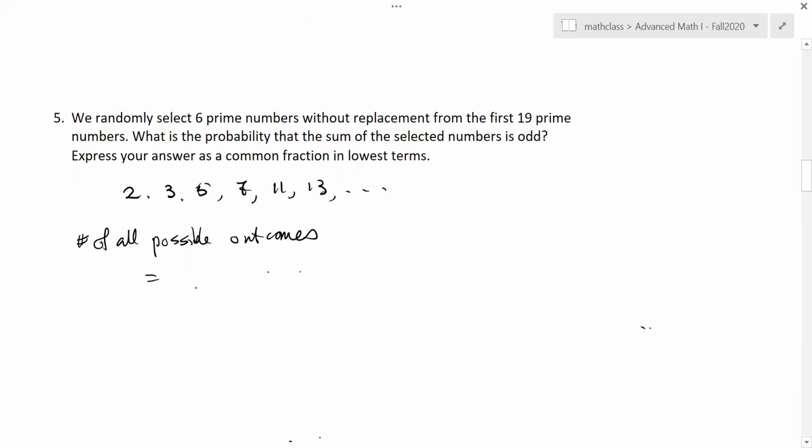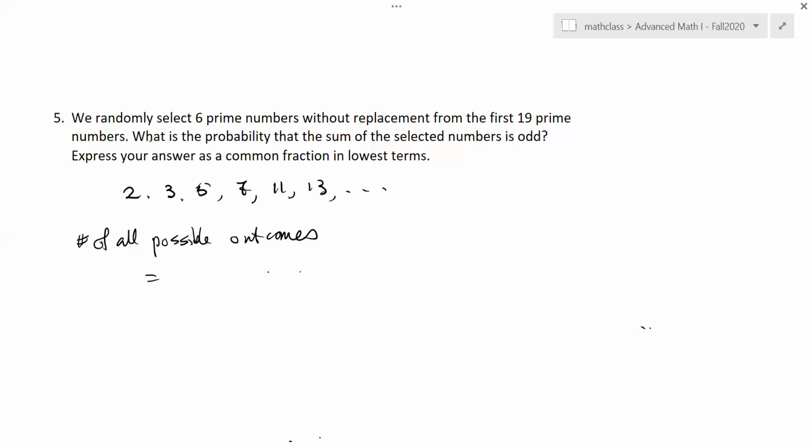So you want to select them one by one. Now I'm going to be careful, right? You can put them in order or without order. What do you think? Look at that. Randomly select 6 prime numbers. Sounds like you don't need to count the order.